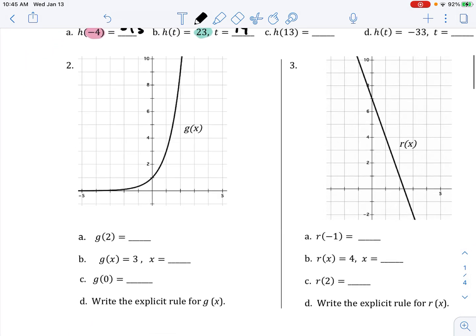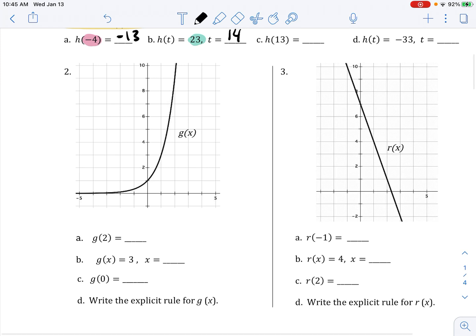For problem number 2, it's having us look at a graph. So what you need to understand is, are you given an input or are you given an output? So g of 2 is giving you an input. So when it is 2, what is your output? And your output would be 8.